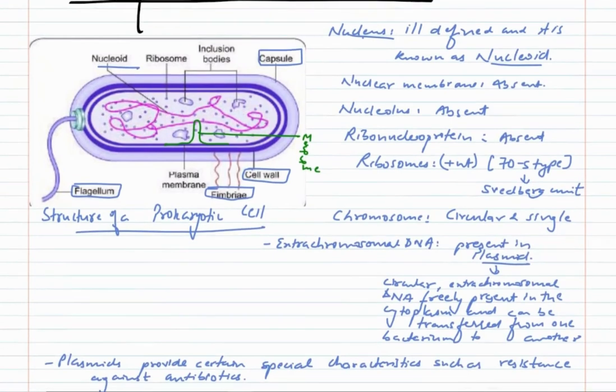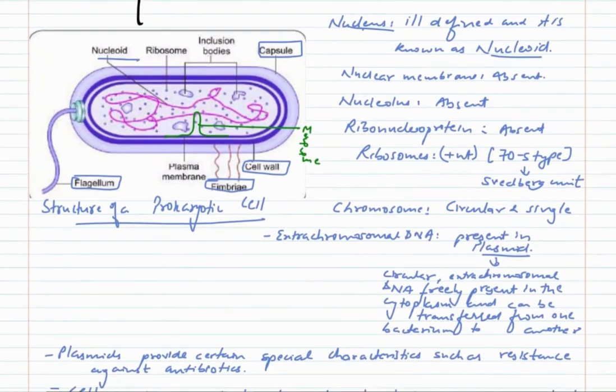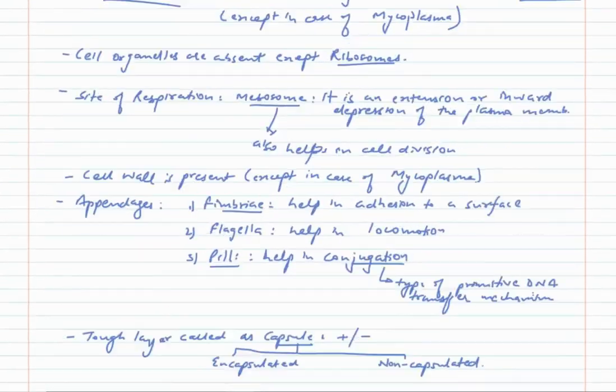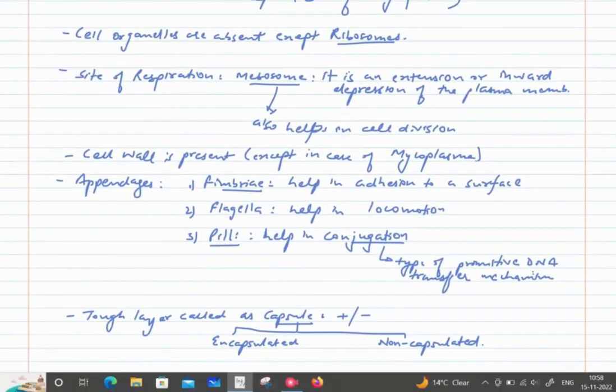After the presence of the capsule, we also see that there are certain aggregations present inside the bacterial cell, which are known as inclusion bodies.